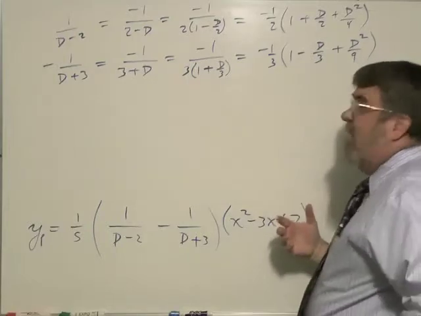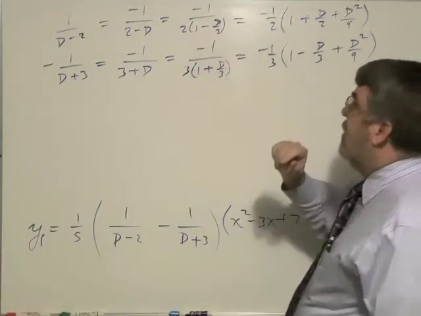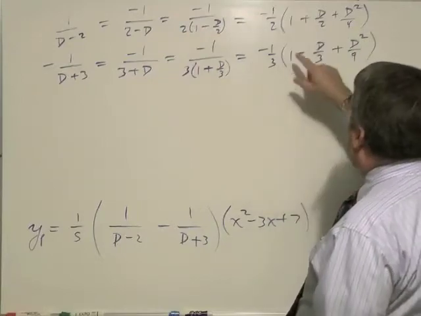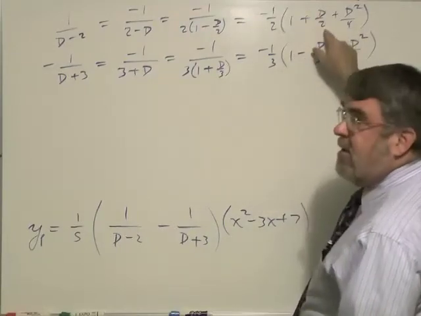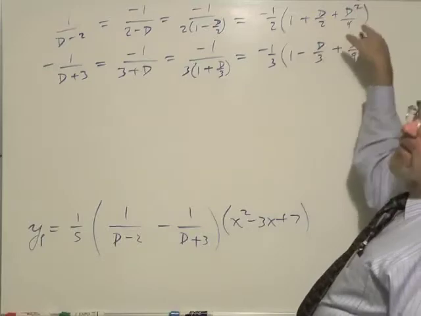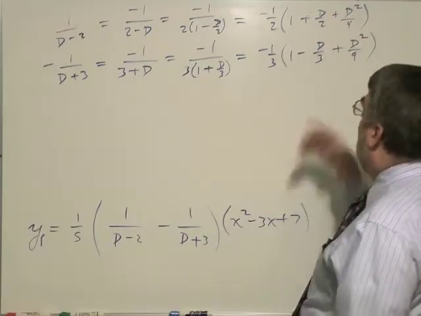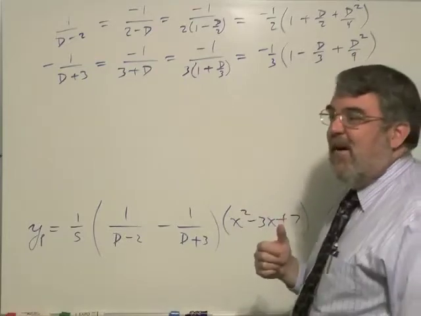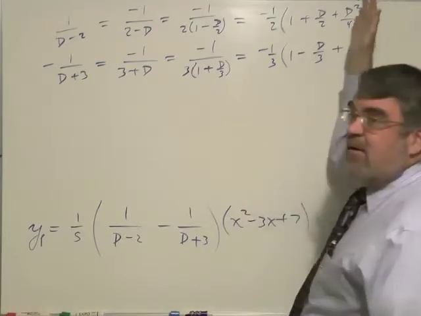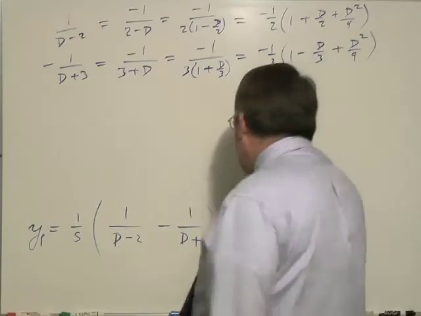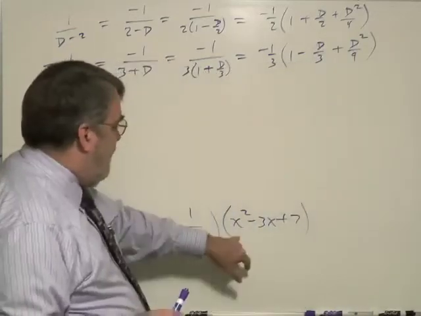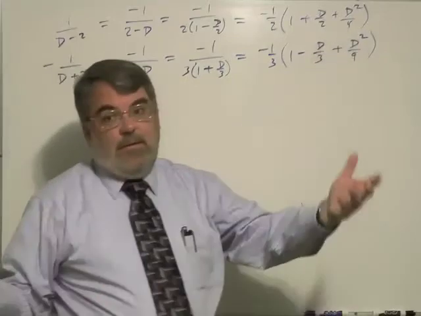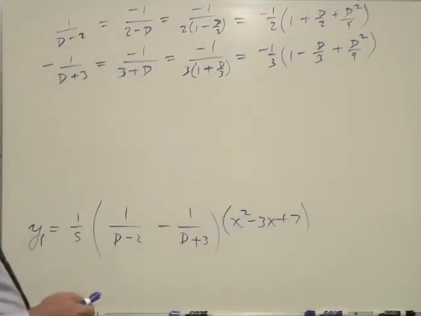So now we'll do the expansion on 1 minus D over 2, and that would be this minus 1/2 factored out, and then 1 plus first power, D over 2, plus the second power, D squared over 4. And I stop there. Now that series goes on forever following this pattern. The next term would be D cubed over 8, but I don't need it because I'm operating on a second degree polynomial, so I can stop with the second derivative because third derivatives and higher are going to be 0.